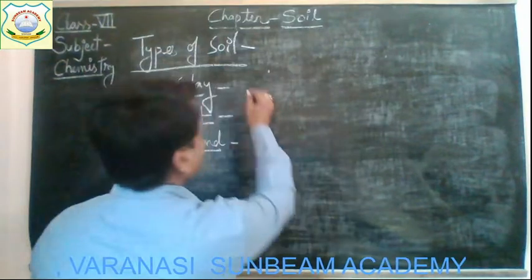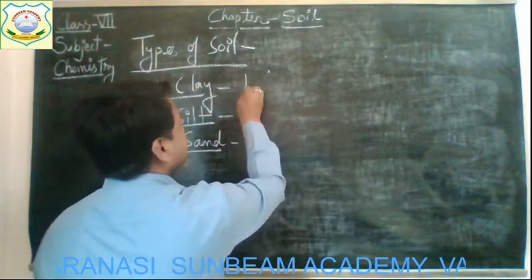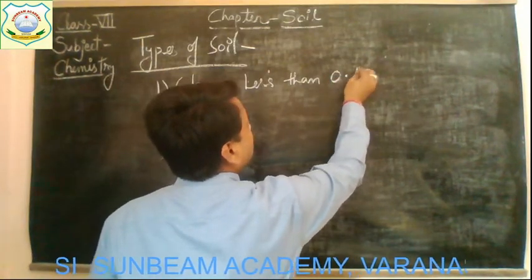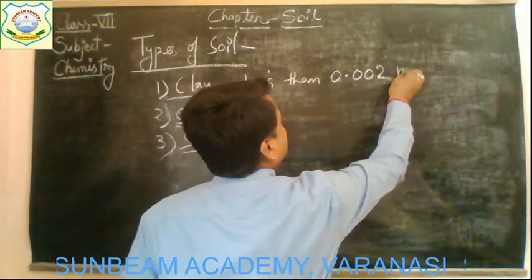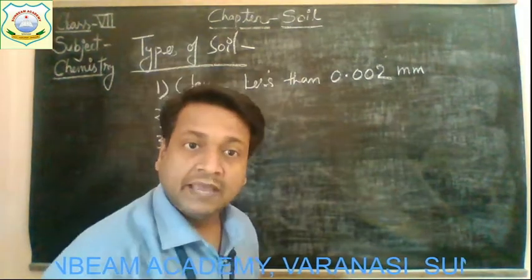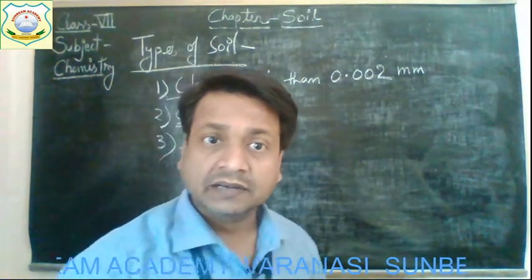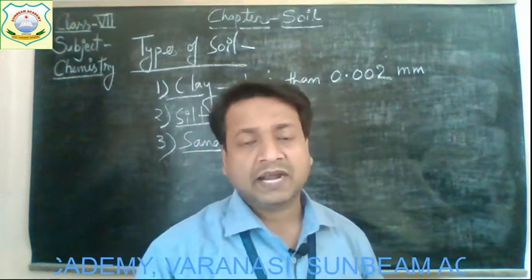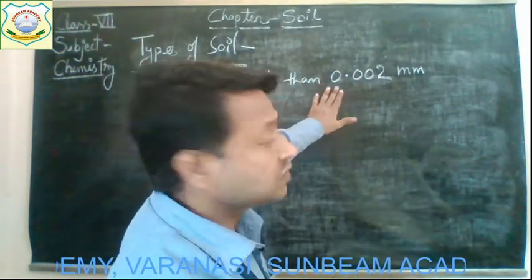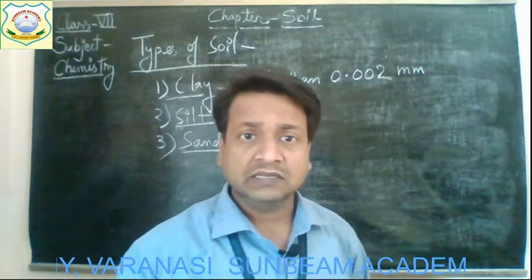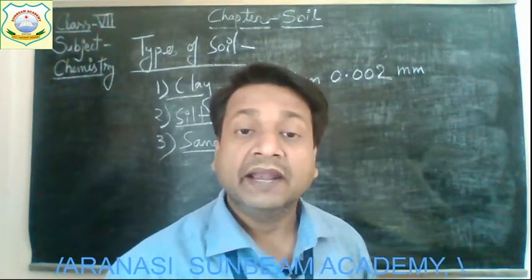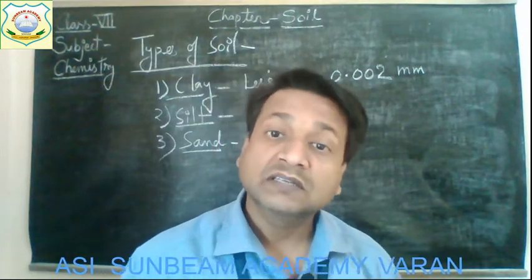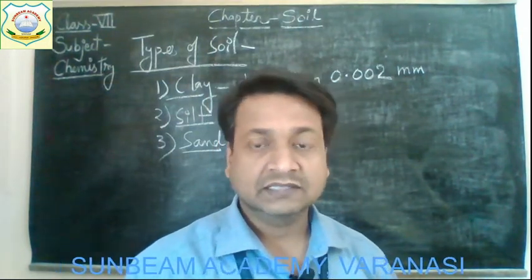Alright, so here the size of the particle is less than 0.002 millimeter in diameter. In fact, you cannot see a single clay particle because of its very small size, and this clay feels smooth because of its small particle size.